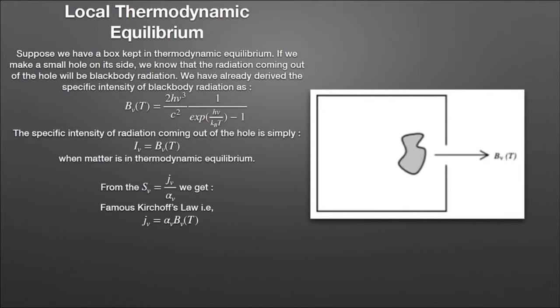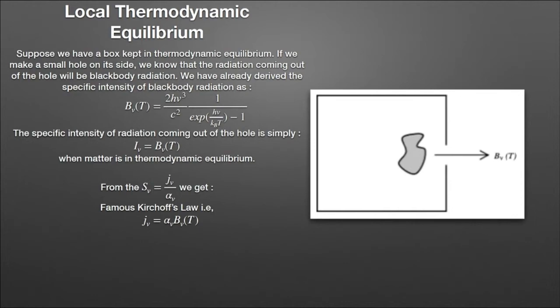We know that the radiation coming out will be black body radiation. And we have derived the specific intensity for black body radiation as B v is equal to 2h v cubed by c squared times 1 over exponential of h v by k B T minus 1. So the specific intensity of the radiation coming out of the hole will simply be this black body function.